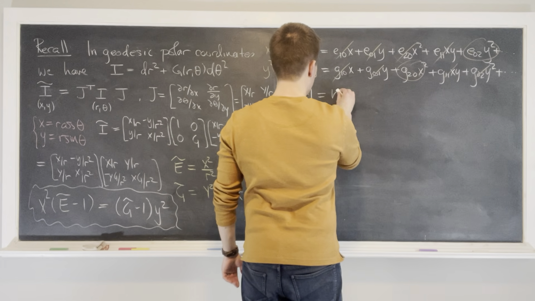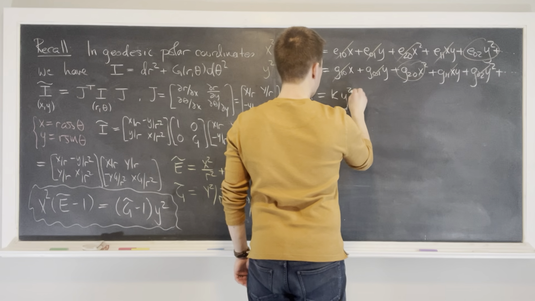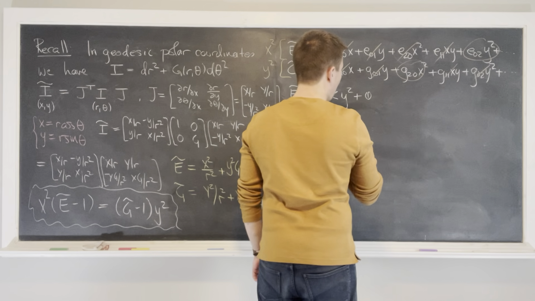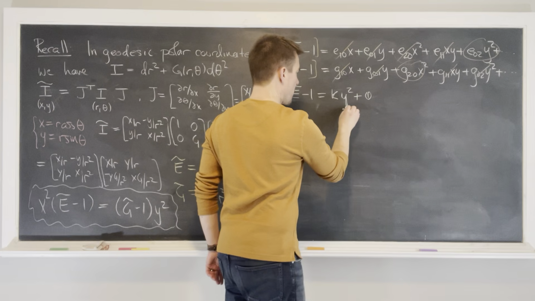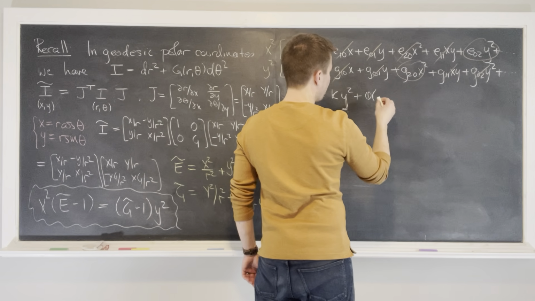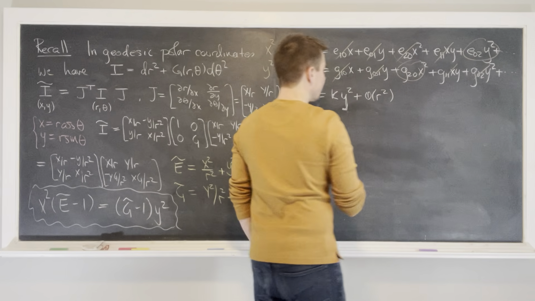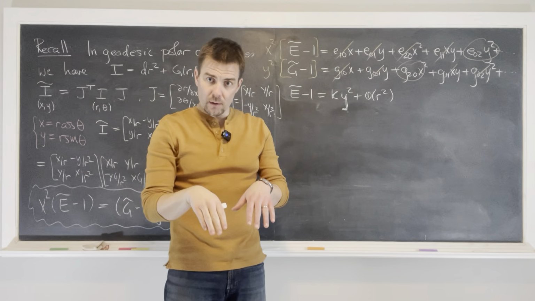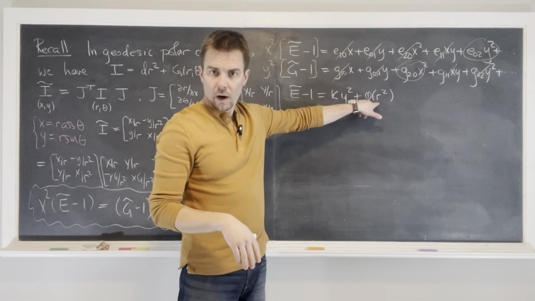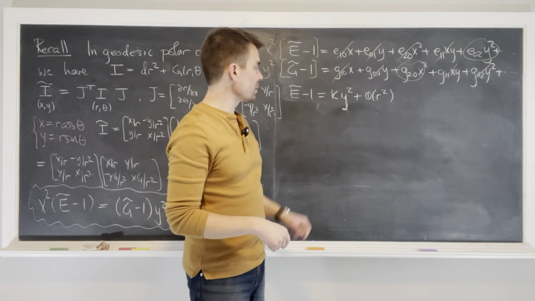I'm going to call that number k, k y squared, plus little o of r squared. Things that go to 0 faster than r squared, which is x squared plus y squared. Okay, so that's what little o means, right?